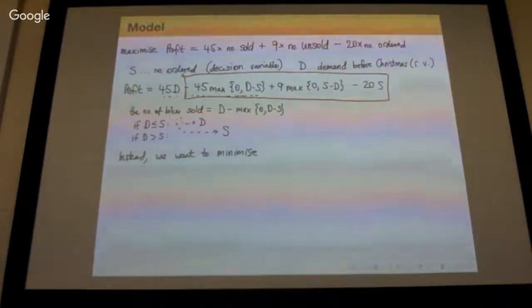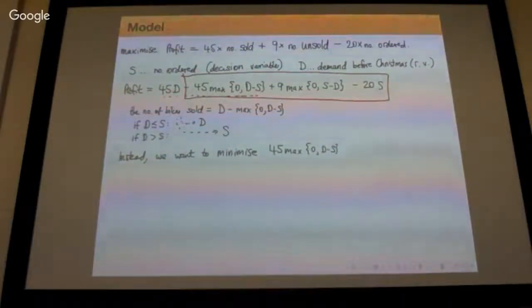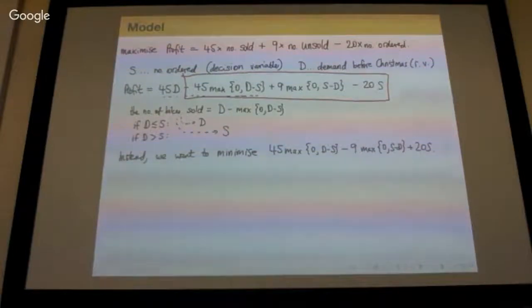What do we want to minimize? Well, 45 times max 0, D minus S, minus 9 times max 0, S minus D, plus 20S. Okay.